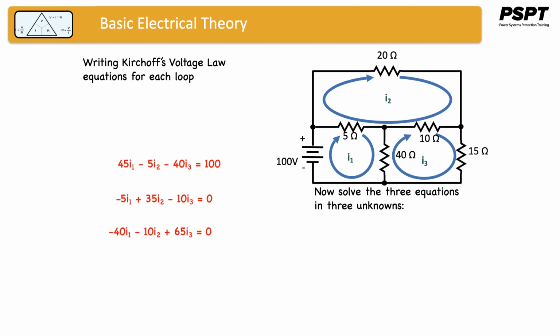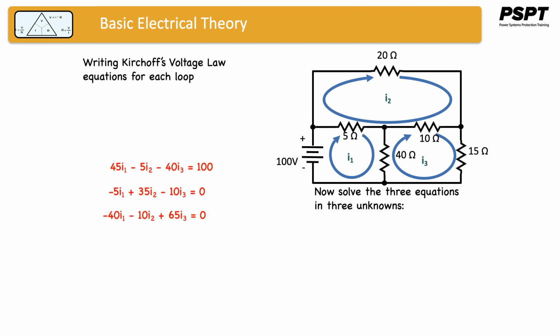That leaves us with the matrix equations that you see there highlighted in red. And now we can solve those three equations for three unknowns, and we can use whatever method we want to use. But after we do that solution, we will find that it generates I1 equal to 6 amps, I2 is equal to 2 amps, and I3 is equal to 4 amps.